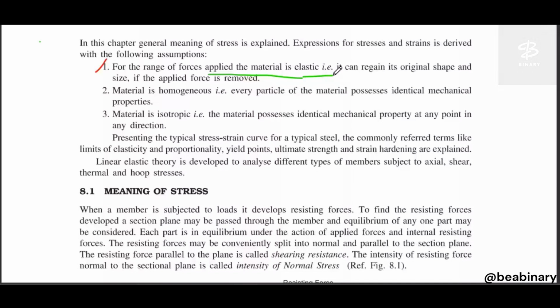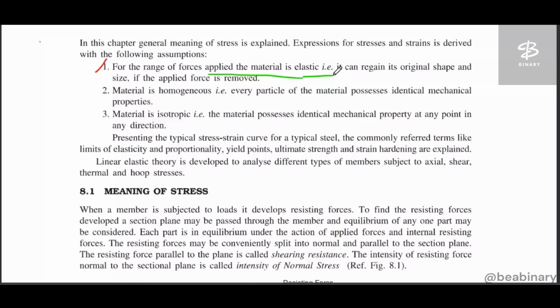If we apply the force on the body and some permanent distortion or displacement occurs, and we remove the force, then this permanent deformation does not get removed from the body and it will remain permanently. That is called plastic body. So elastic, plastic, this is very simple.